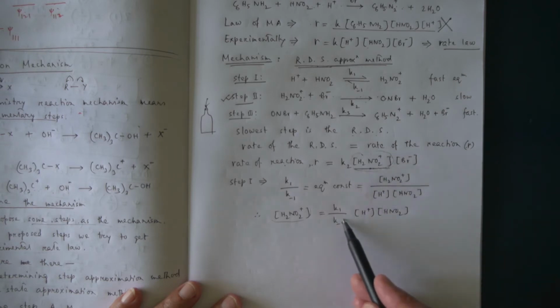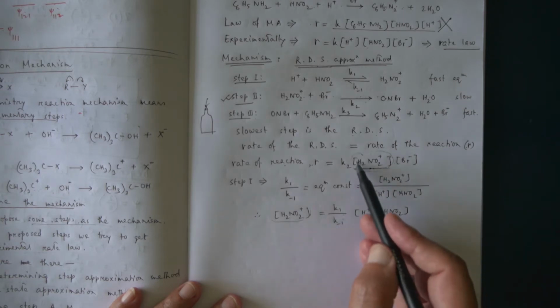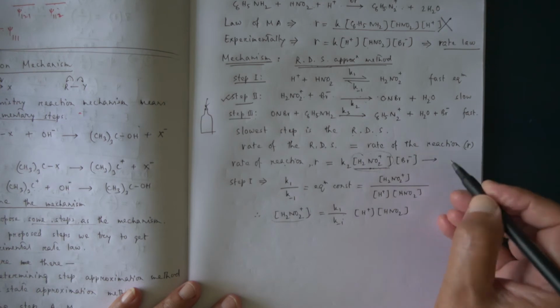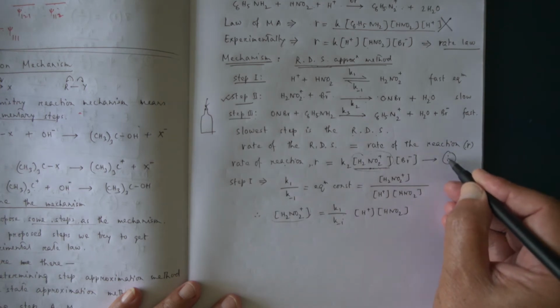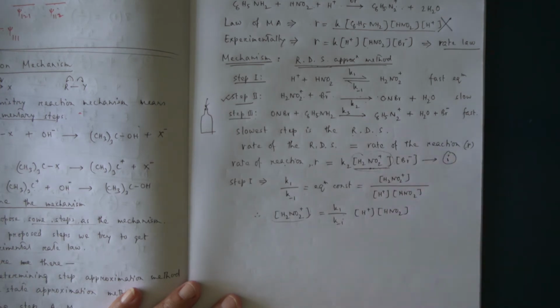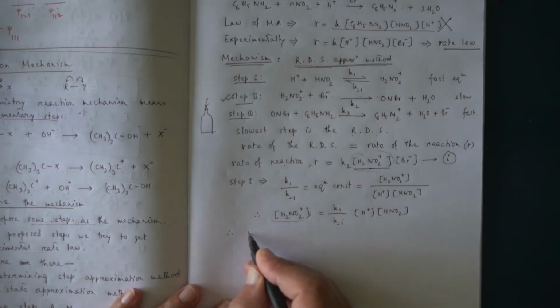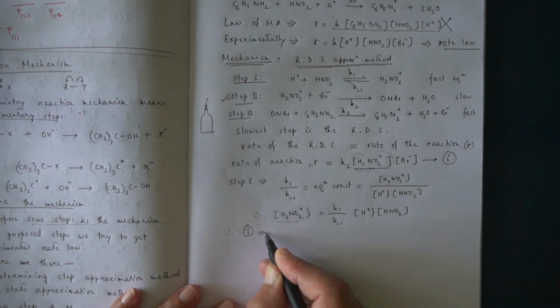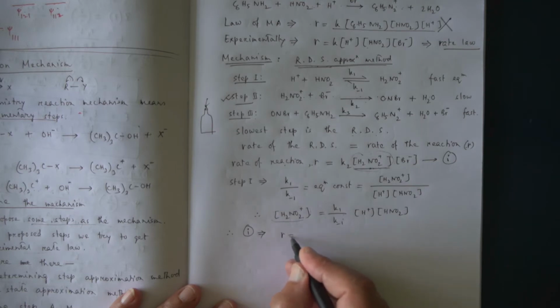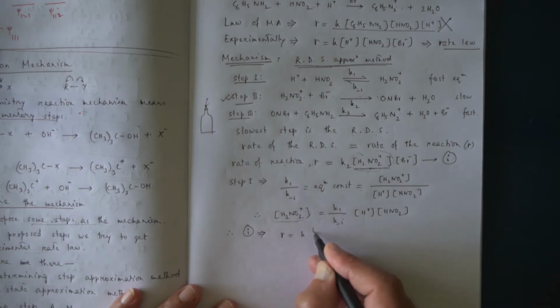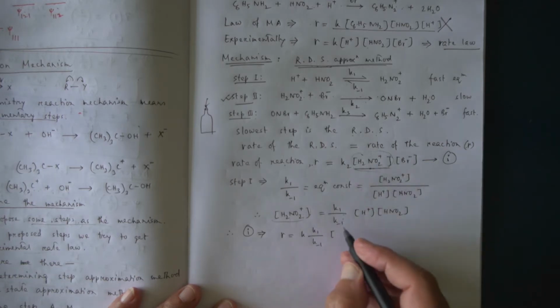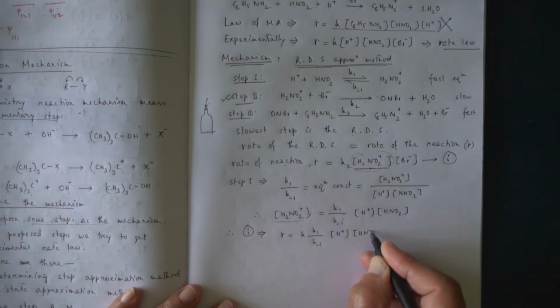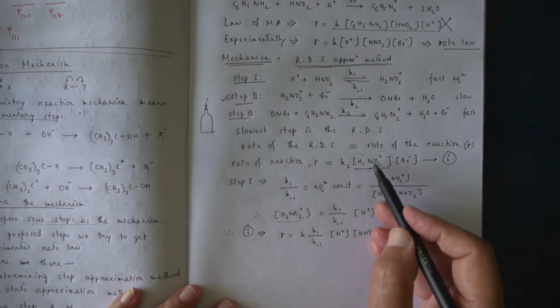So we can replace this value here. This is number 1. So from 1, what do we get? R equal to K2 K1 by K minus 1 times H plus and HNO2.